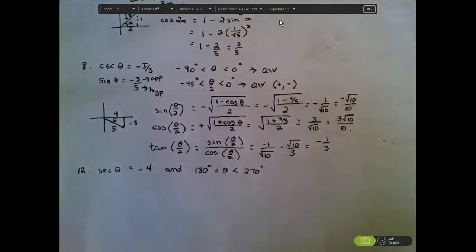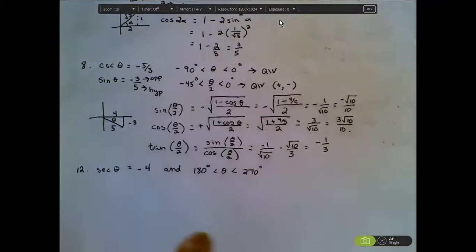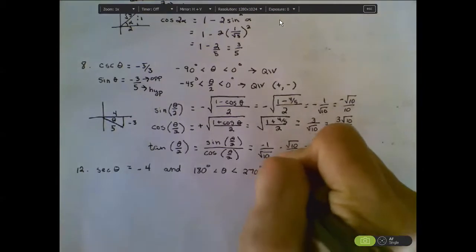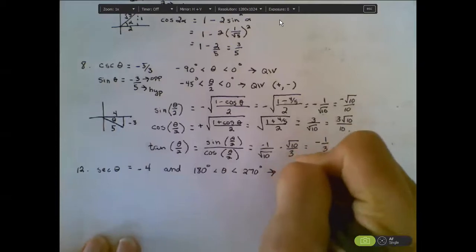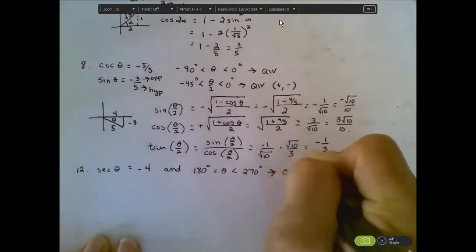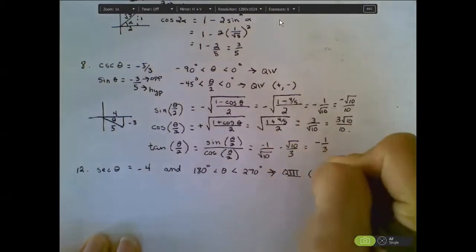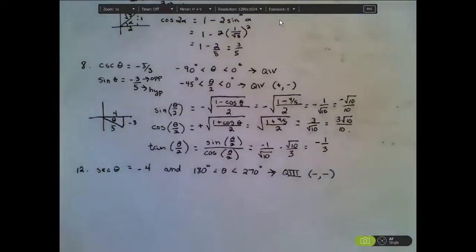All right. So in what quadrant does theta lie? From 180 degrees to 270 degrees is quadrant 3. And I know in quadrant 3, both my x's and my y's are negative.